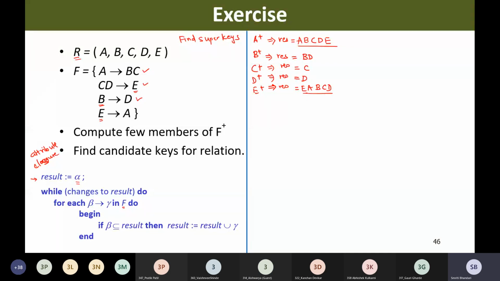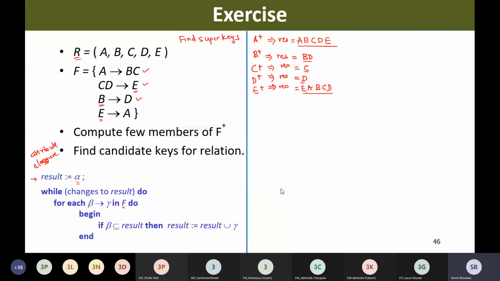Correct? Do all of you have the same results for the attribute closures of all the attributes in the relation? Are these results correct?